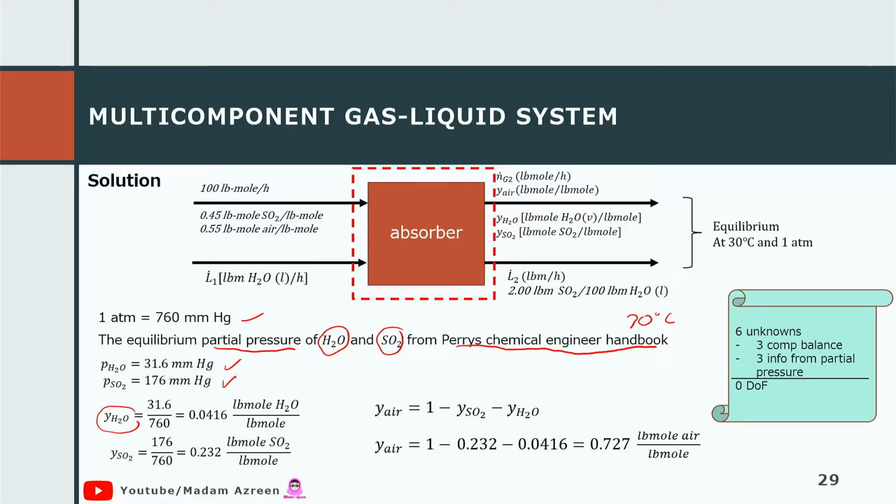Which is 31.0 over the total pressure, and for the SO2, it is the same. So you can directly determine the mole fraction here and here, together with the mole fraction of air.